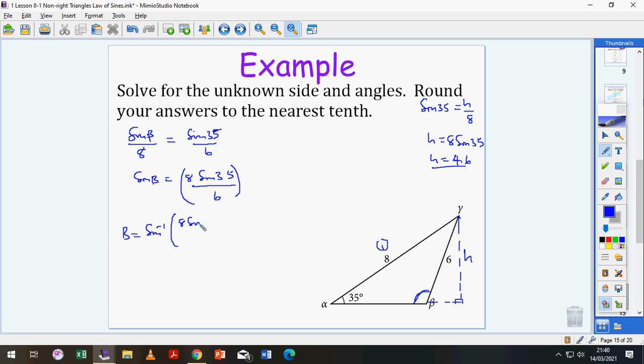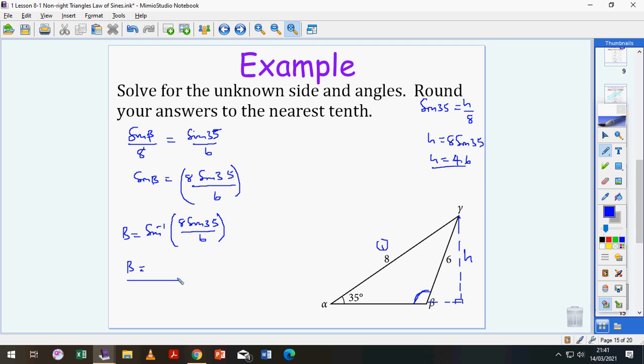So beta is going to be, substitute that in, the inverse sine of 8 sine 35 over 6. That's 49.8.